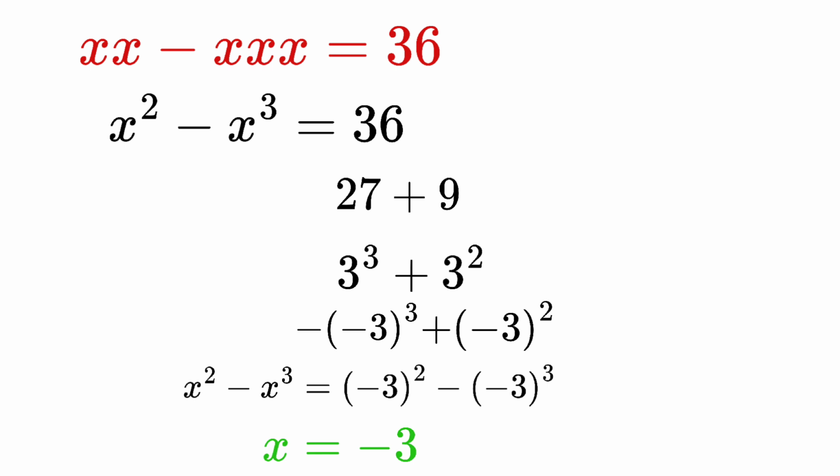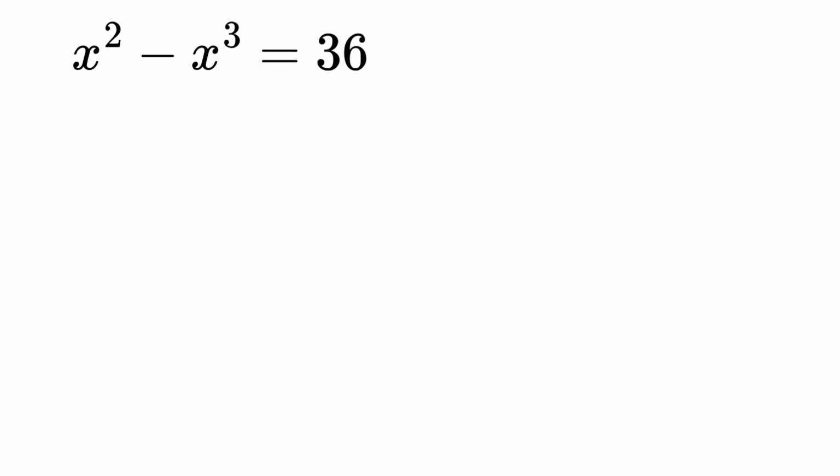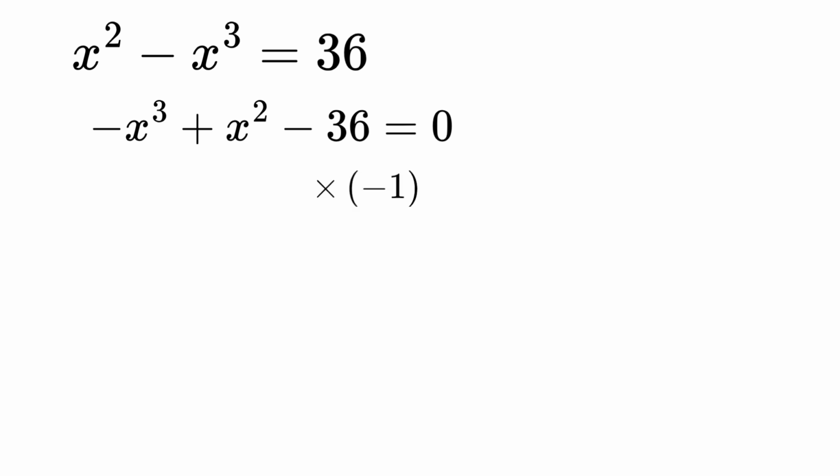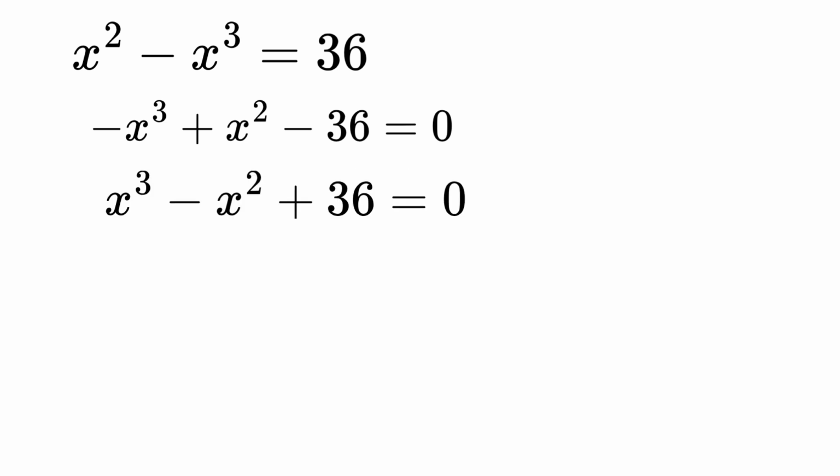In order to find the other 2 roots, we have x square minus x cube is equal to 36. Take 36 to the left side, then we can write it as minus x cube plus x square minus 36 is equal to 0. Multiply with minus 1, then we get x cube minus x square plus 36 is equal to 0. So this we can write as x cube plus 3x square minus 4x square plus 36 is equal to 0.